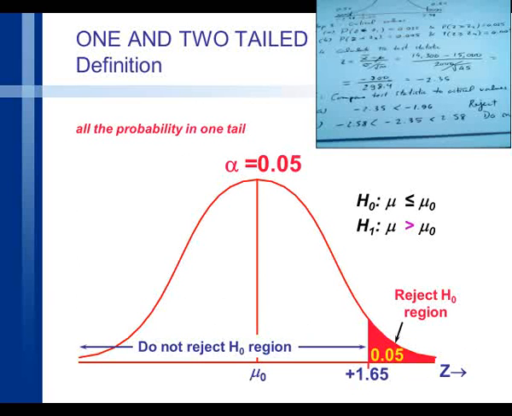And so what happens is, instead of dividing the probability into the two tails, you put everything into one tail. So this would be the null hypothesis, the probability that it is smaller or equal to something. You assume that any value below is okay.